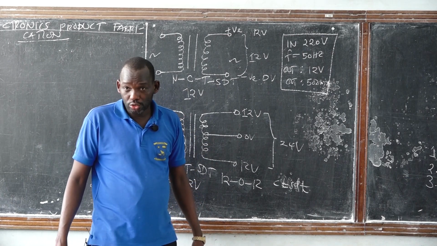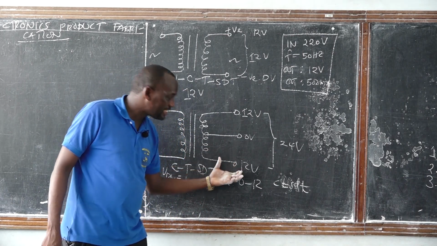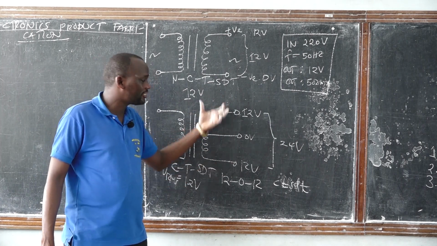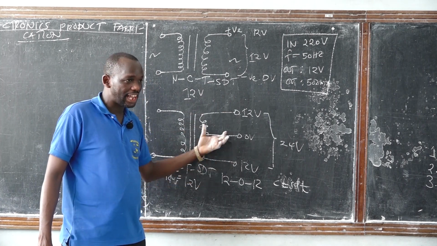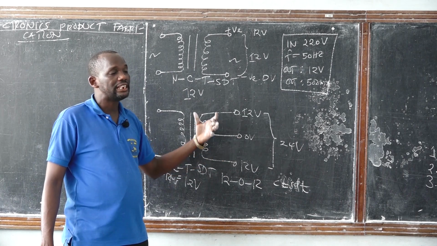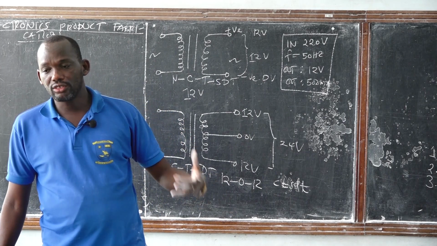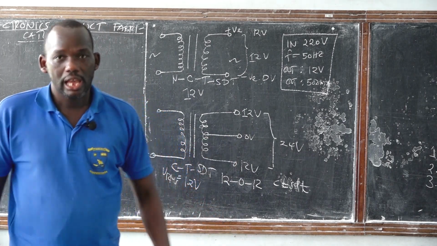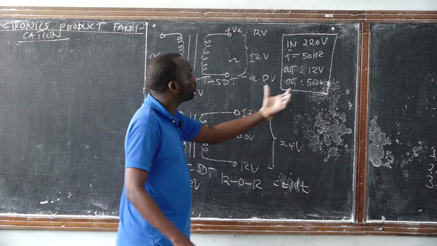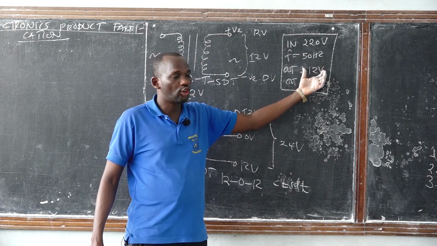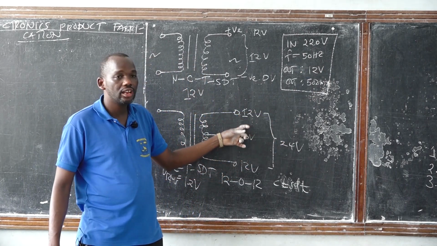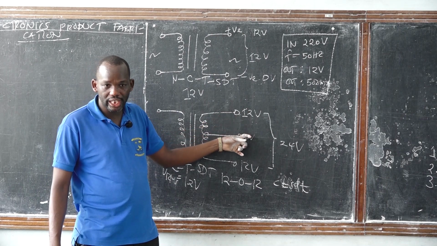Okay? So it means that a center tapped step-down transformer is actually a combination of two non-centered step-down transformers. But the 12 volt written on the top of the transformer is just the voltage from here to here, or from here to here.